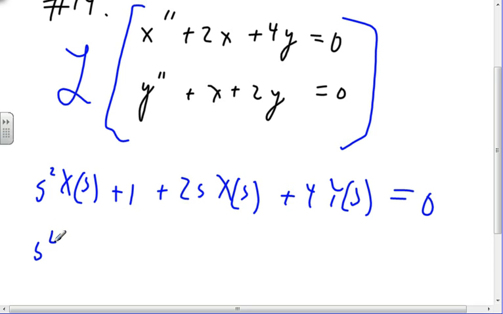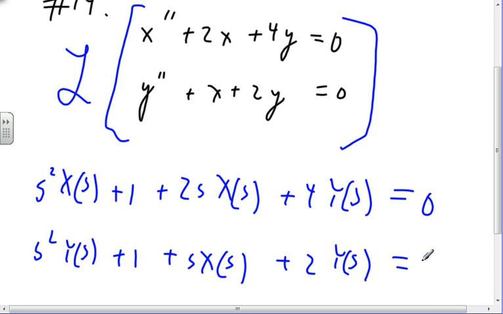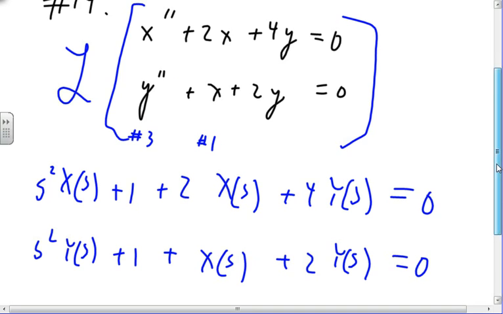I have s squared y of s plus x of s plus 2 y of s is equal to 0. I'm using equation number 3 on the double prime guy and equation number 1 on that guy, and in fact I have it wrong naturally because there's no s there. Okay, so luckily I could correct that.